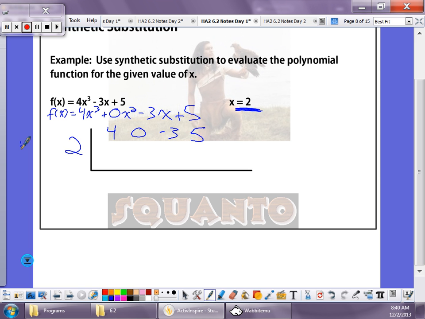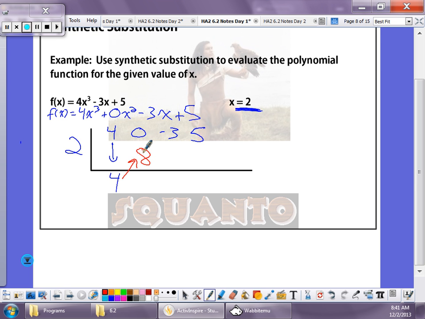Okay, so with the first term, all you do is simply bring it down and write it here. Bring down the first term. And then with that term that you just brought down, you then want to multiply it by 2, by whatever number's out here, and then you just write that here.